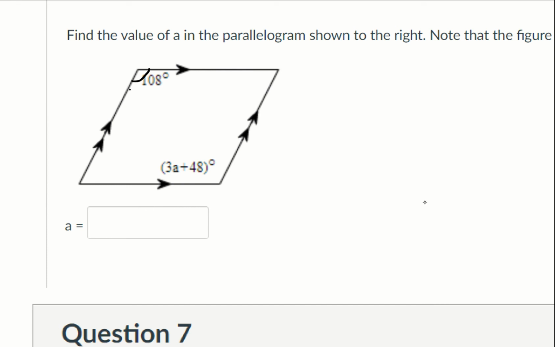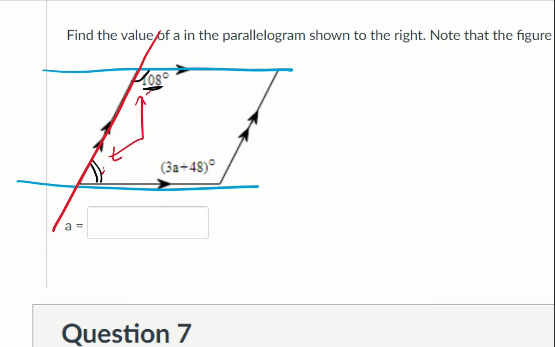Because we have two parallel pairs of lines, whatever this angle is has to be supplementary to whatever this angle is. If these are parallel and this is my transversal, then those are same side interior angles, and therefore they add up to 180.